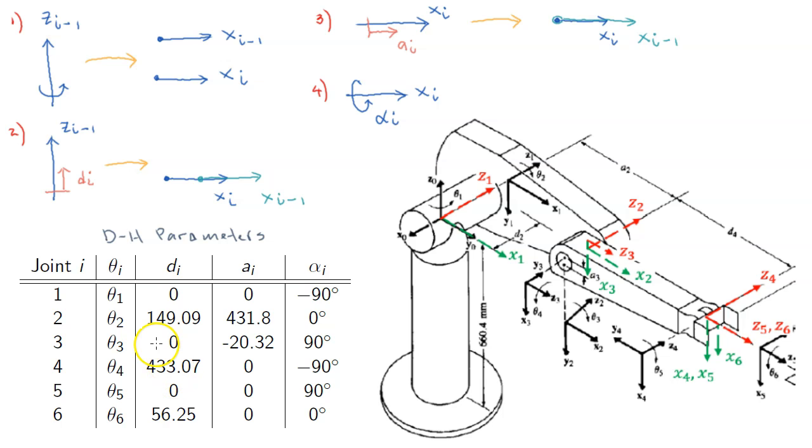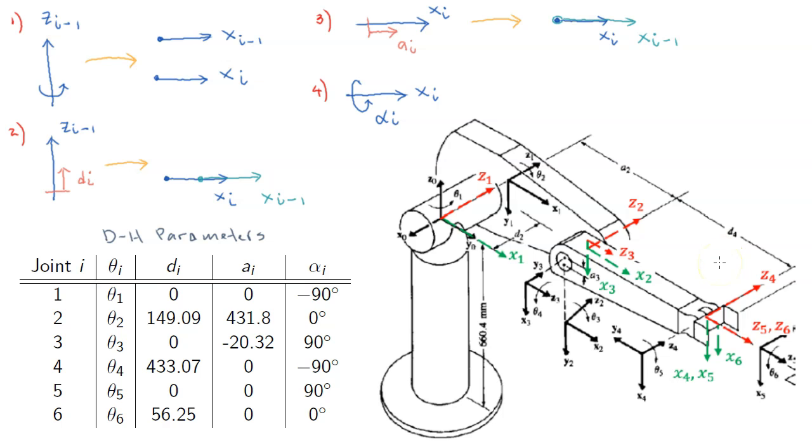Okay, next, we want to find A5. How much to translate coordinate frame 4 in X5 such that the two origins coincide. Okay, the two origins are already at the same point, right? So A5 is 0. And how much we have to rotate coordinate frame 4 about X5 so that the two coordinate frames coincide.